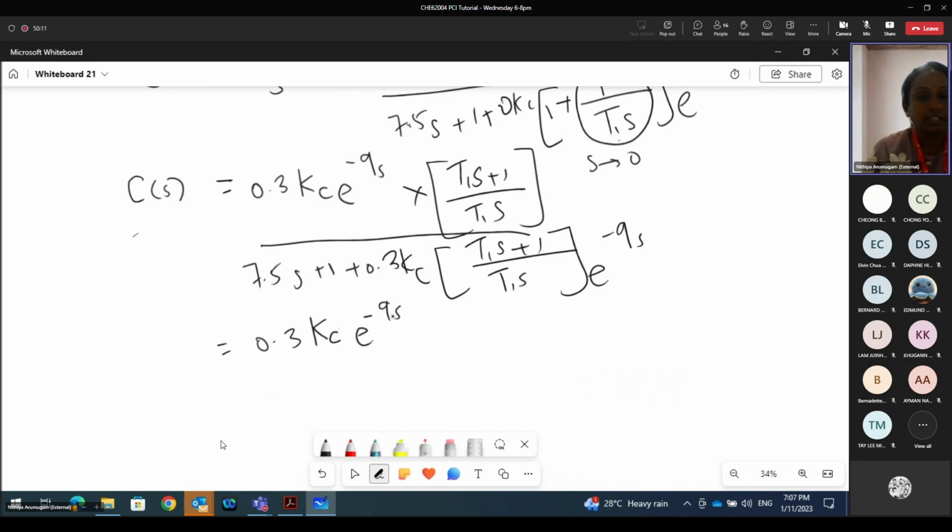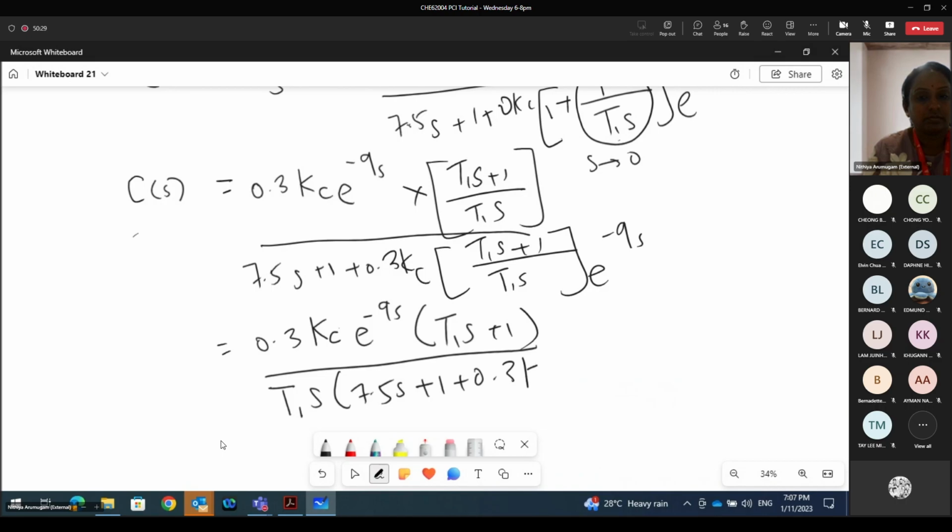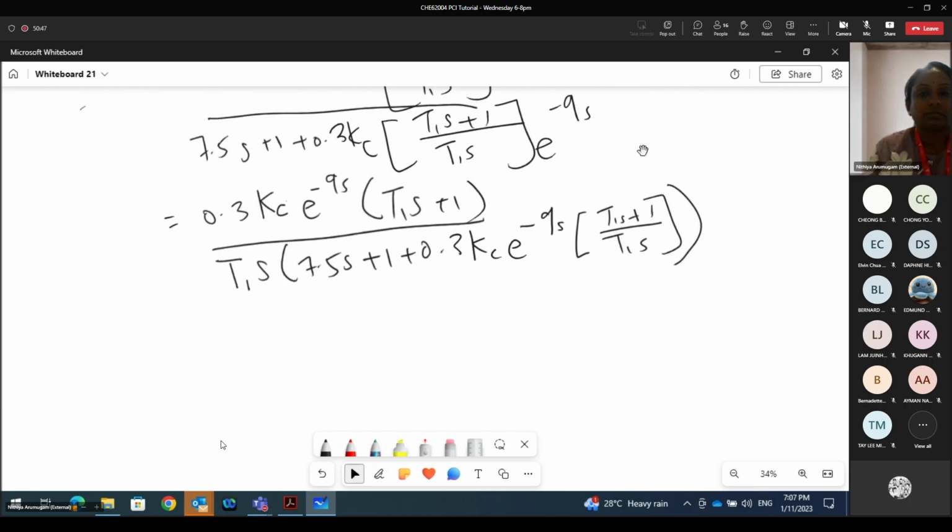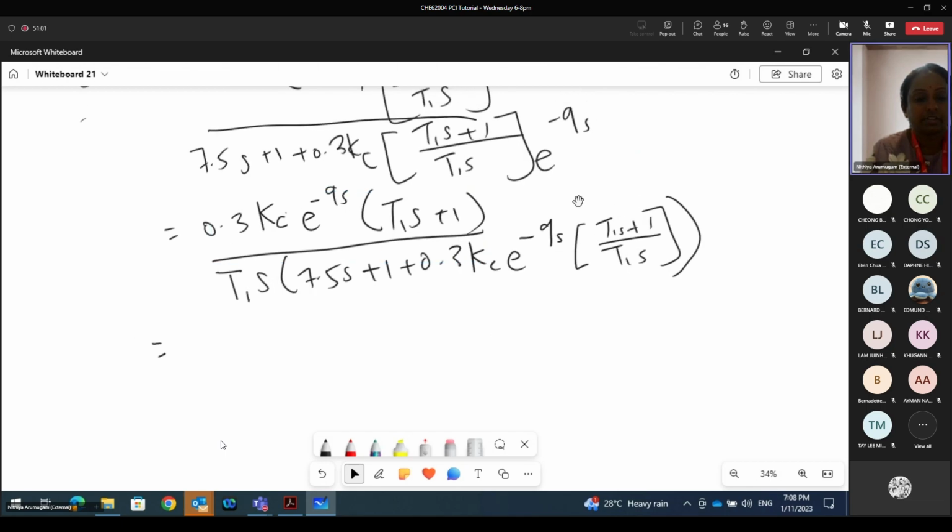So we can express this as simplified, and this will give, by cancelling the T1 s at this portion. We are not done yet.